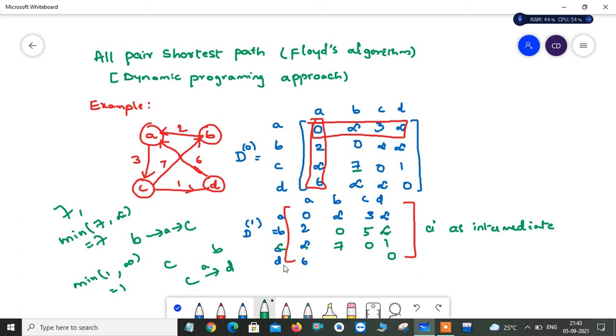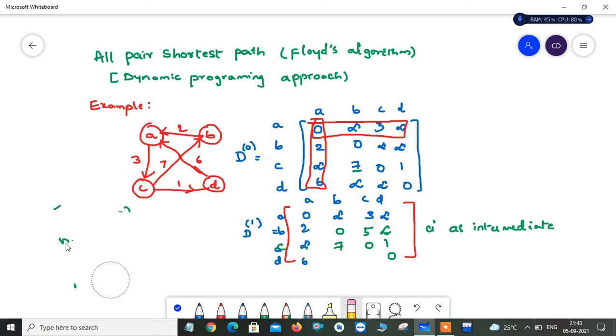And after that we are trying to find a path from D to A. So we have directly a path with 6. Right.